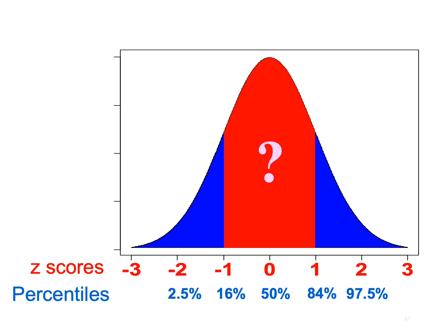So you can calculate this percentage from this histogram. We know that 84% of individuals have scores less than 1, and 16% have z-scores less than -1. So the red area is 84% minus 16%, which is 68%.